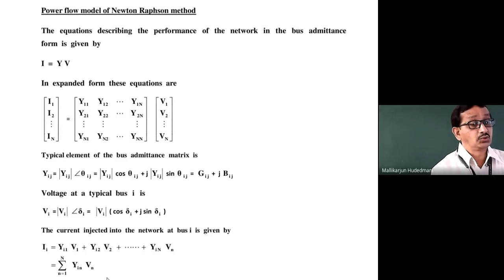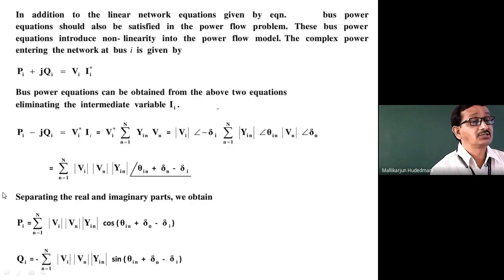If this is understood, let us see how complex power is explained. The complex power at bus I can be given as SI. SI is what? PI plus JQI, the active power and reactive power together. How is the complex power at any bus represented mathematically?